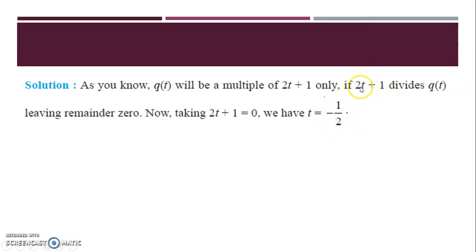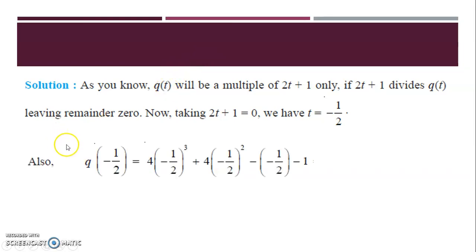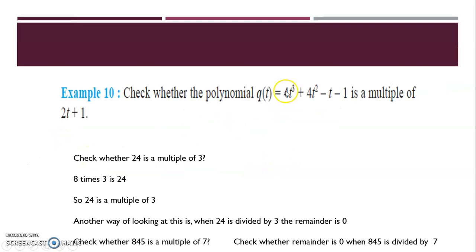Now I substitute the 0 of the divisor in the dividend, which is q of t. q of t is 4t cube plus 4t square minus t minus 1. Minus 1 by 2 is the 0 of 2t plus 1.